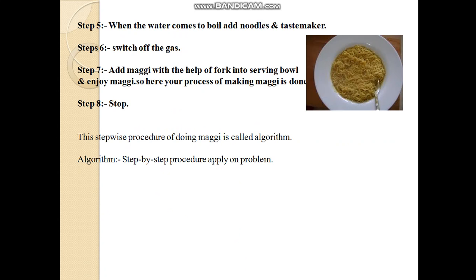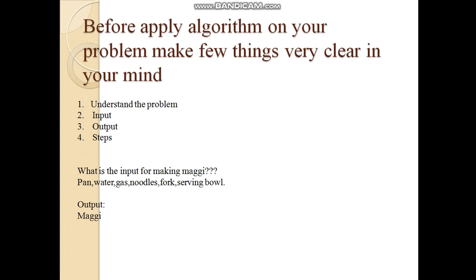In the algorithm, a few things should be very clear in your mind. First is understand your problem. You are hungry and alone at home and you want to make Maggie, so this is your problem, and you apply some steps on your problem for solving it.